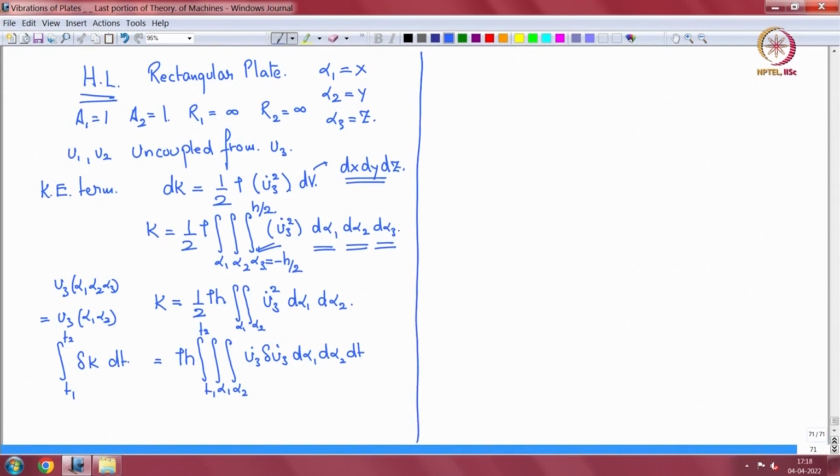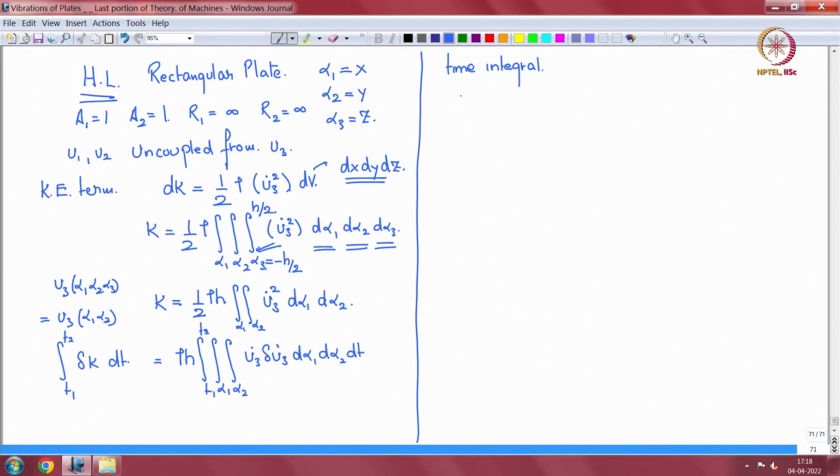We will do the time integral. These steps must be familiar to you. So what do we get?